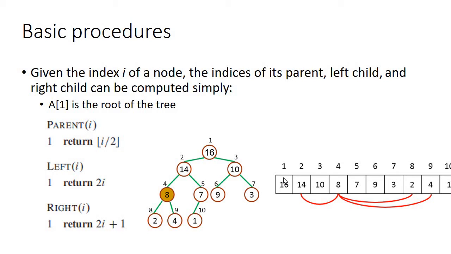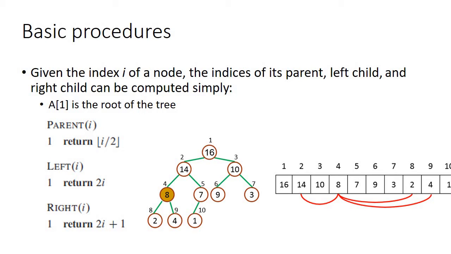What shall be the fundamental, or basic, procedure in order to establish the heap? Given the index i of a node, the indices of its parent, left child and right child can be computed simply. For example, a1 is the root of the tree, so the parent of i is i divided by 2.